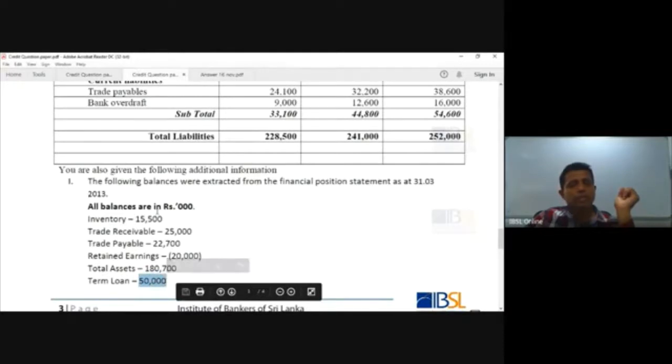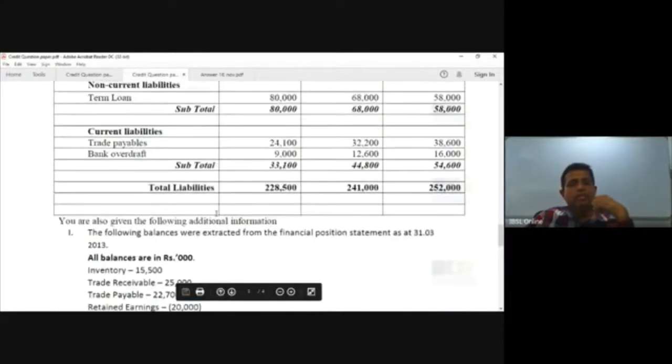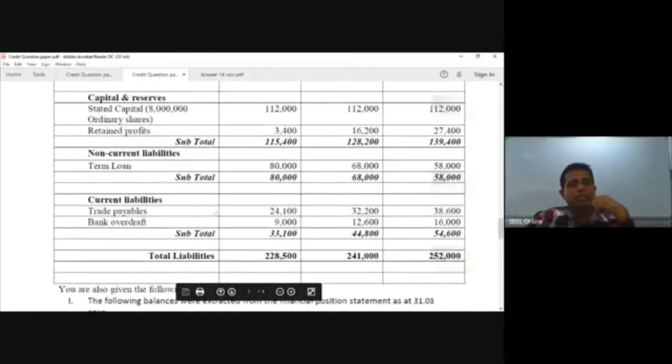Under note number 1, on 31-3-2013, 50,000 long-term loan was there. That is the beginning long-term loan in 2014. Then 2014 ending long-term loan is 80,000.